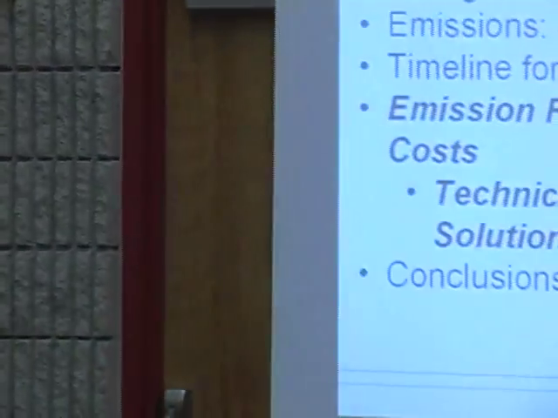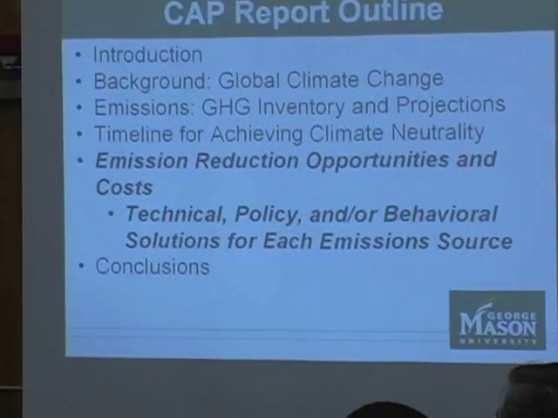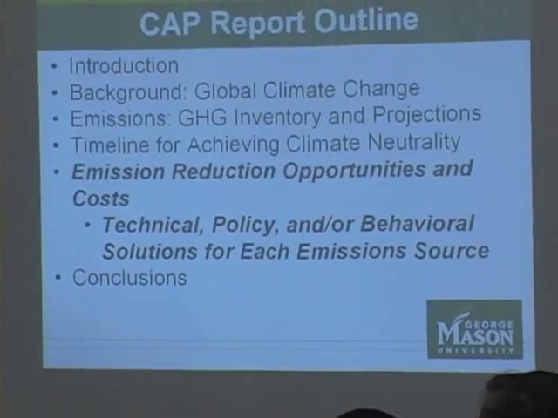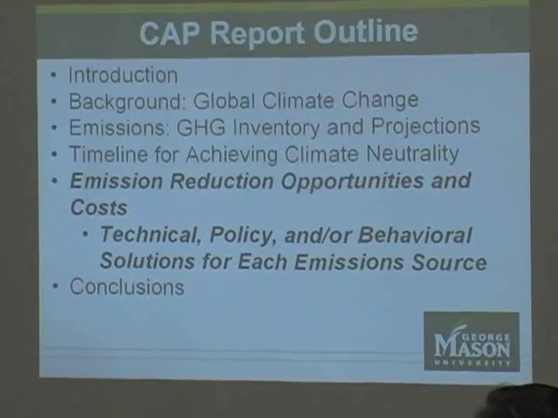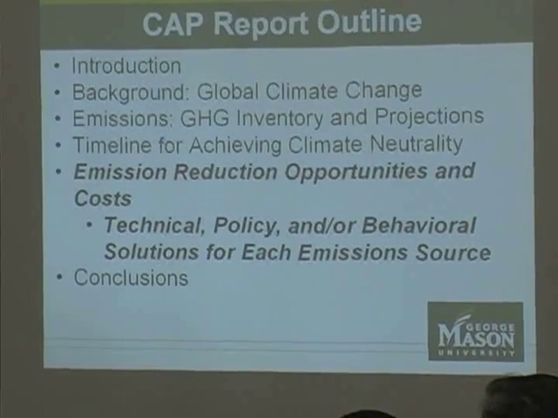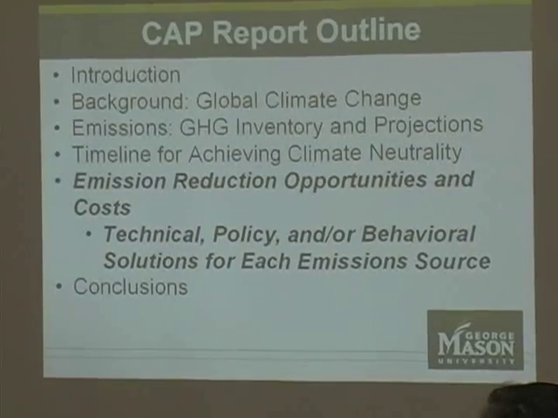In the background, we will include a subsection on the impacts of climate change in George Mason University, a little bit on international climate treaties, some current federal policies on climate change, the Commonwealth of Virginia, as well as Washington Metropolitan Area initiatives and George Mason initiatives on climate change.